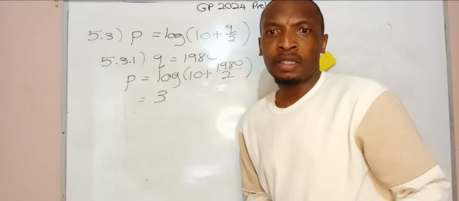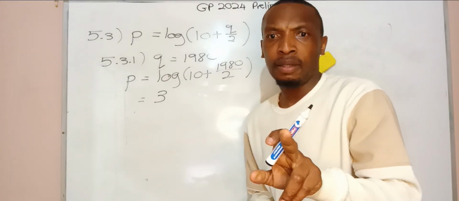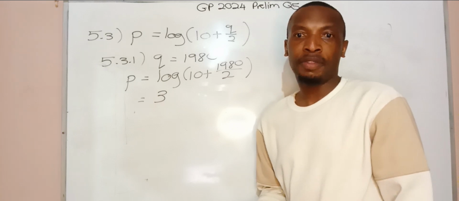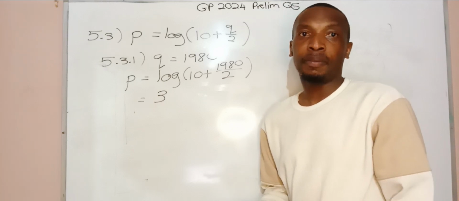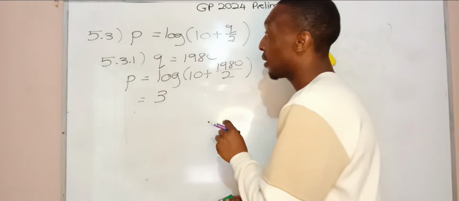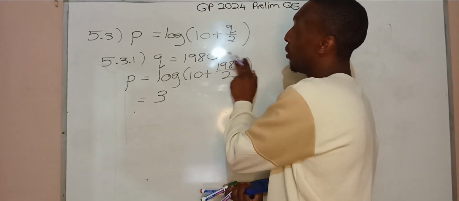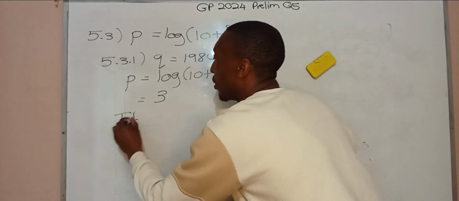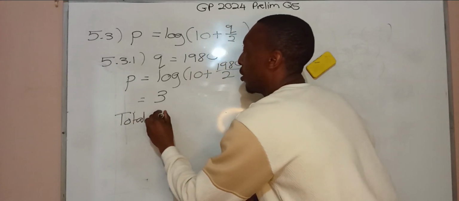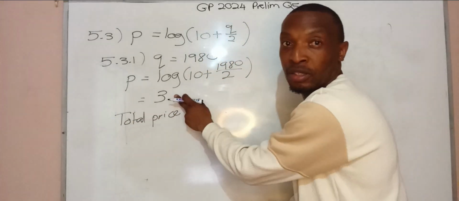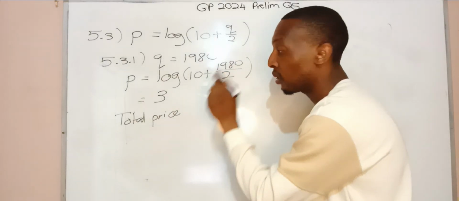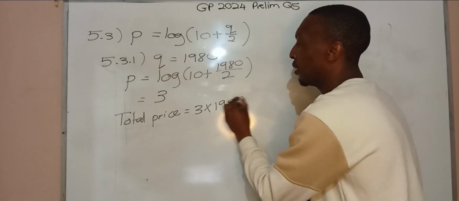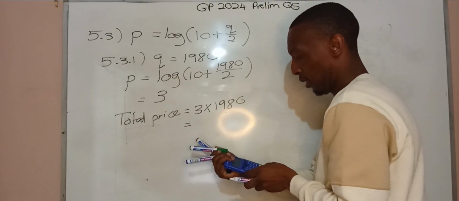So what are they asking us to work out? The value of P and the total price of the consignment. So what is the total price? Remember, there are 1,980 items. Because this is the price of one unit, the total price will be 3 times 1,980.